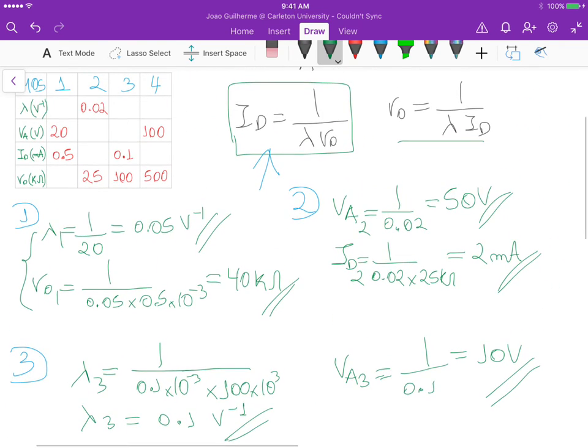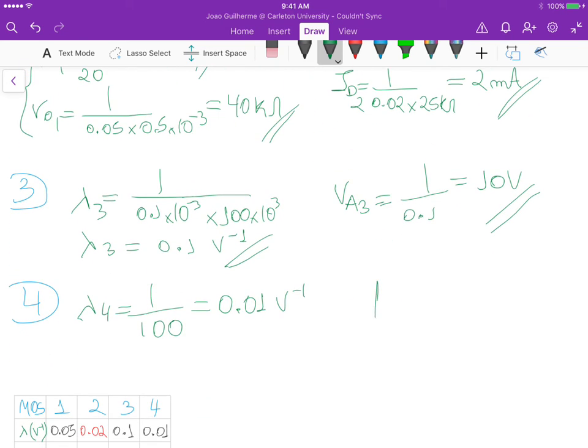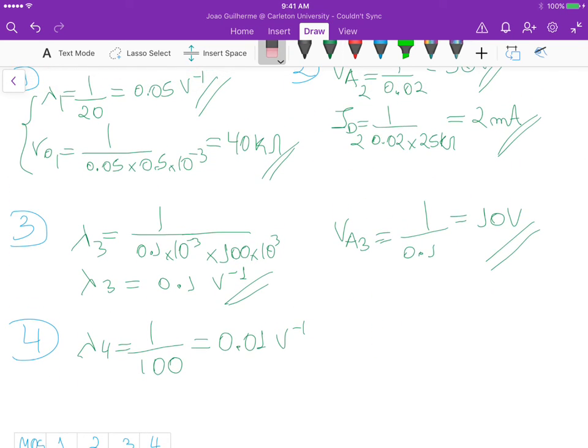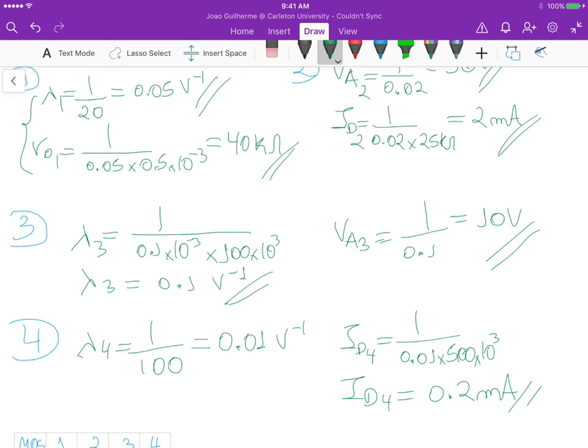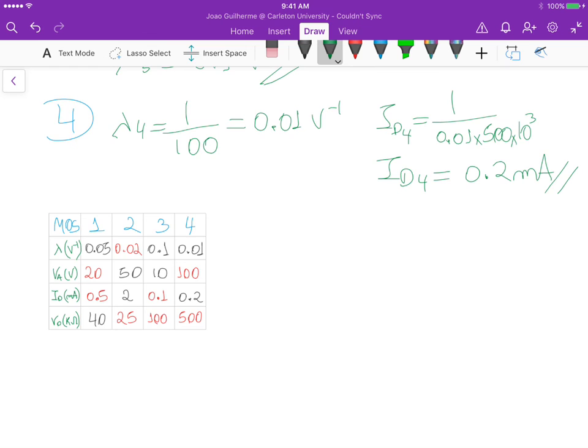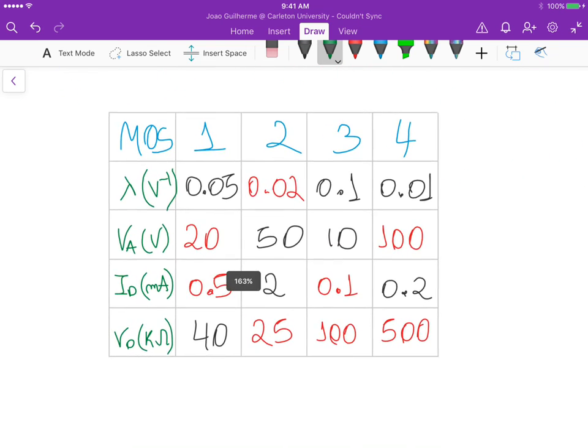We know the resistance and we know lambda, so we can calculate the drain current. ID4 is equal to 1 divided by 0.01 times 500 times 10 to the 3, which gives us a drain current for the fourth MOS of 0.2 milliamps. And if we plug all those values into a table, that's the result that we get.